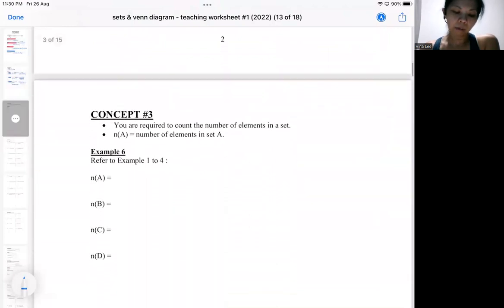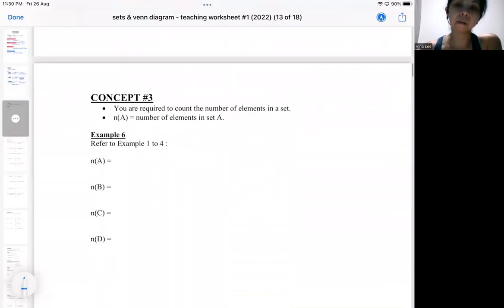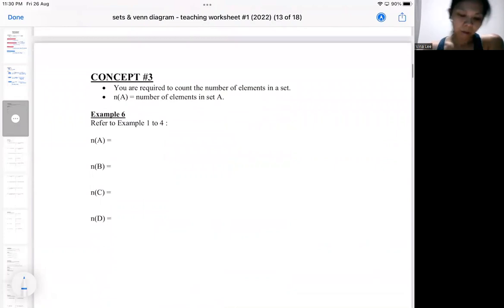Okay, so this is also related to the next concept. The next concept requires you to count the number of elements in a set. So the symbol will be something like this. When we say n(A), it's the number of elements. How many elements are there in set A?